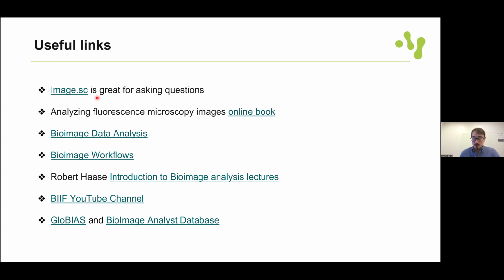Analyzing Fluorescence Microscopy Images, or this Bioimage Data Analysis or Bioimage Workflows. This online book is, well, it's online. Everything is clickable. It's quite short, but it's very clear. Some of my slides were based on Robert Haase's Introduction to Bioimage Analysis lectures, so you can click on it and watch his version of the lectures.